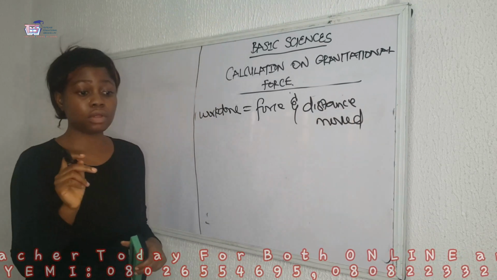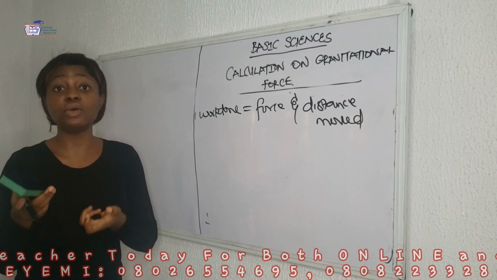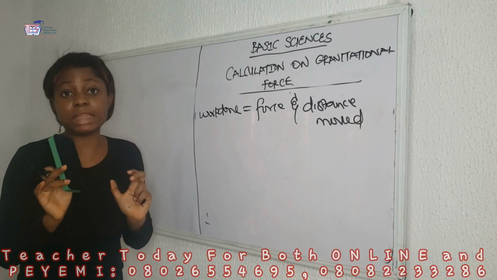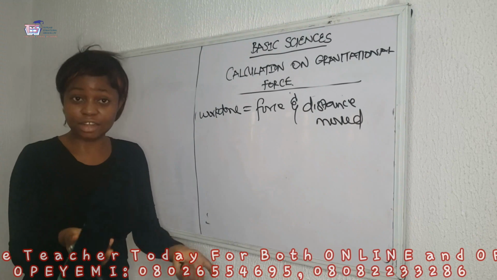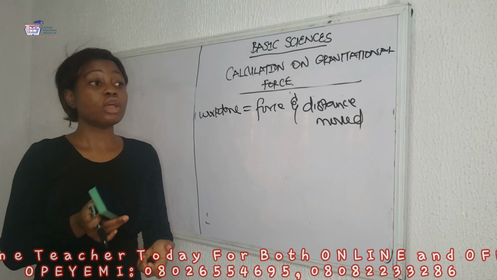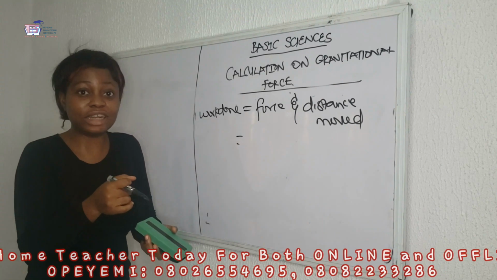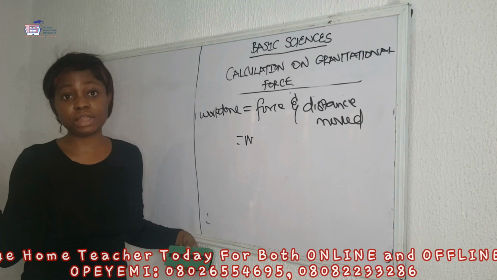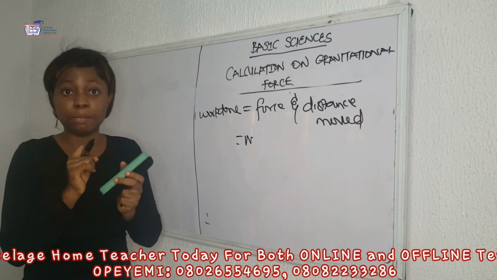Take, for example, two different people standing, one carrying a stone. You know how heavy a stone is. One carrying a stone and fixed at a particular position, while somebody else who is carrying just nylon is walking about. If I tell you that the person who carried nylon and walked about has done more work than the other person who carried a very heavy stone but is still in a particular position.